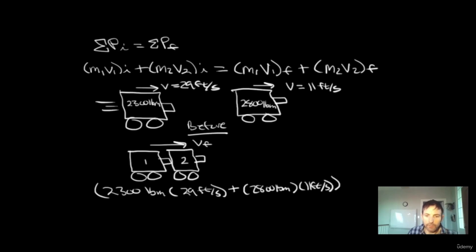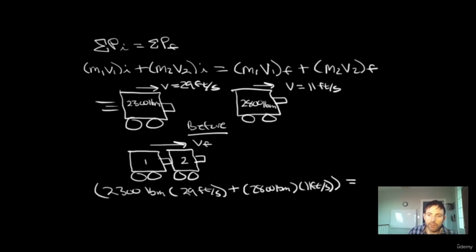So all of this is going to be equal to the final side. Now notice that the velocity is now one velocity. They don't have separate final velocities now. They've been combined and they are traveling as one object.